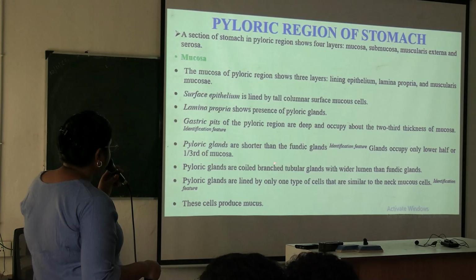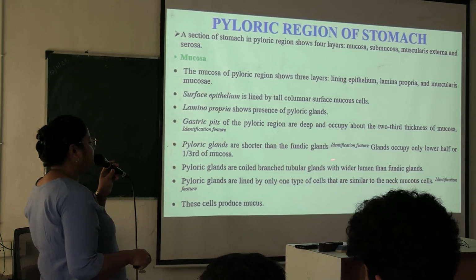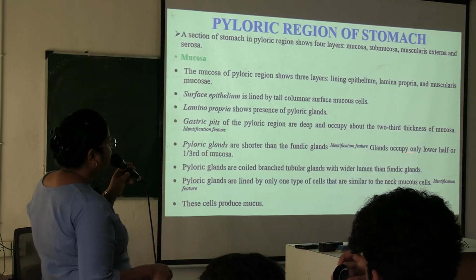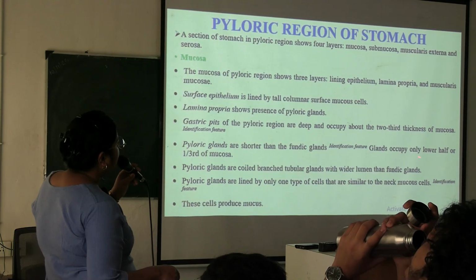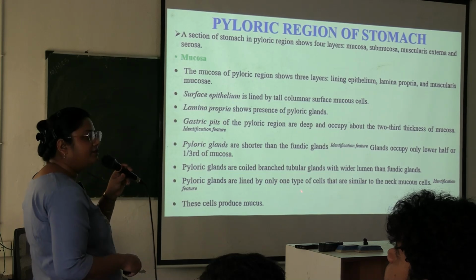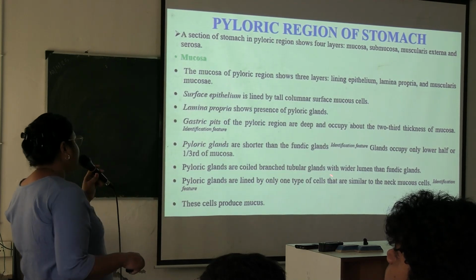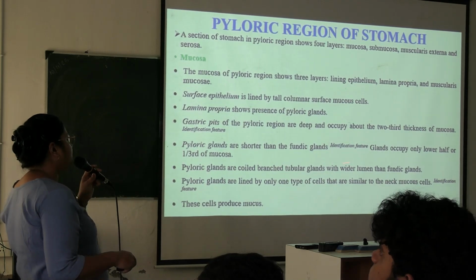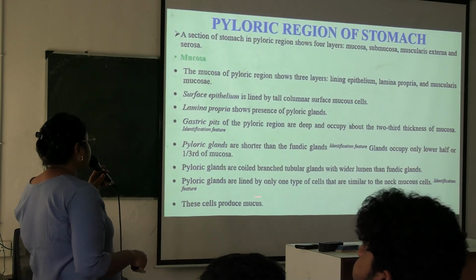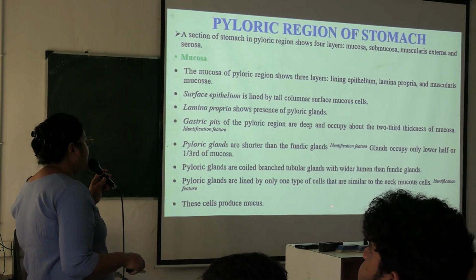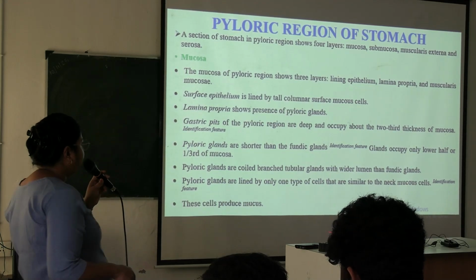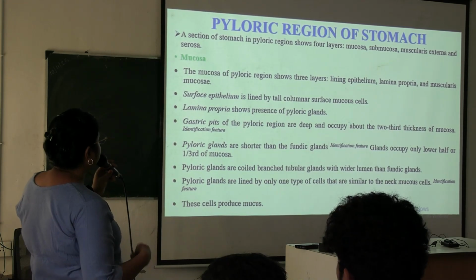Pyloric glands are shorter than the fundic glands and occupy only the lower 1/3 of the mucosa. Pyloric glands are coiled branched tubular glands with a wider lumen than the fundic glands, lined by only one type of cell similar to the mucous neck cells, and these cells produce mucus.